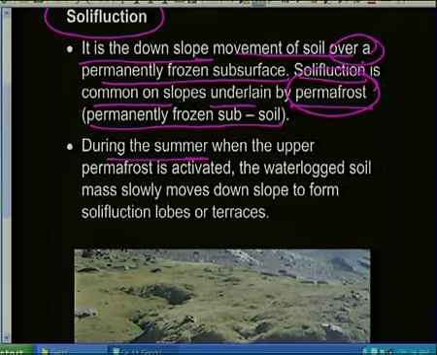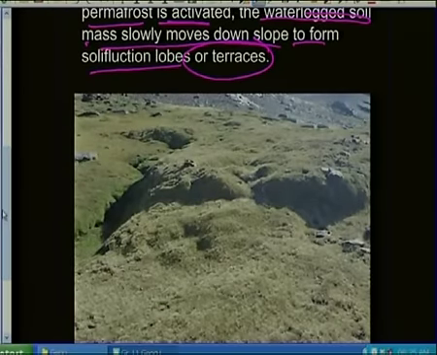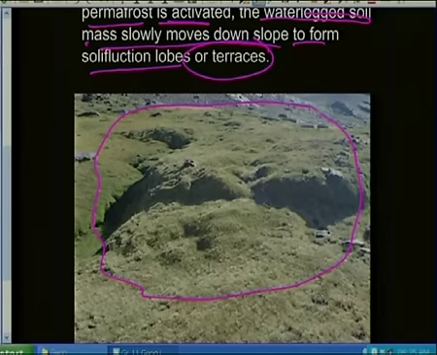During the summer, when the upper permafrost is activated, the waterlogged soil, that soil which still contains water, slowly moves downslope to form solifluction lobes or terraces. Let's have a look at the photograph. Note the solifluction picture, largely in drier regions where temperatures are much lower.